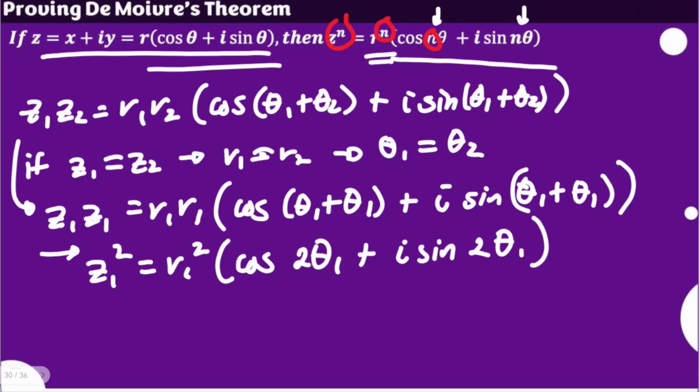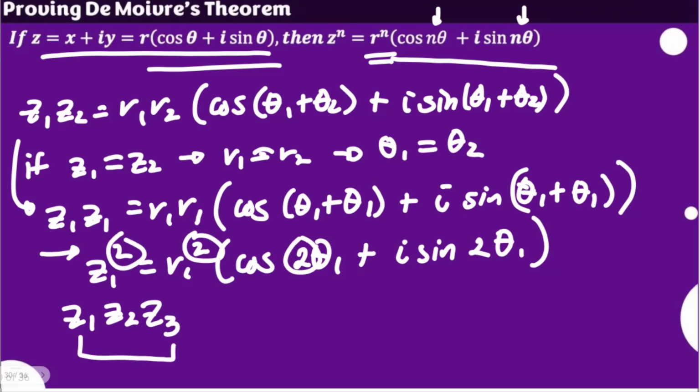If we continue this way of proving, let's say there are 3, so we have z sub 1, z sub 2, z sub 3, and then let everything be equal, so you will have cube, 3 and 3 here. So basically that's the point of the De Moivre theorem here.